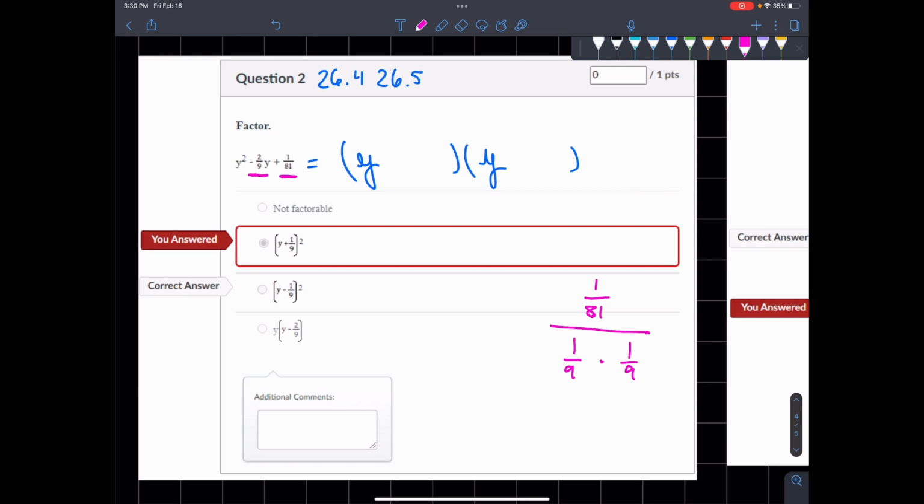They add to make positive 2 over 9. But what's cool is we can just say both of these are negative. They both multiply to make 1 over 81, and now they both add to make negative 2 over 9. So we can use that as our answer: negative 1 over 9, negative 1 over 9. We can simplify this expression to y minus 1 over 9, squared, which is this answer here. Perfect.